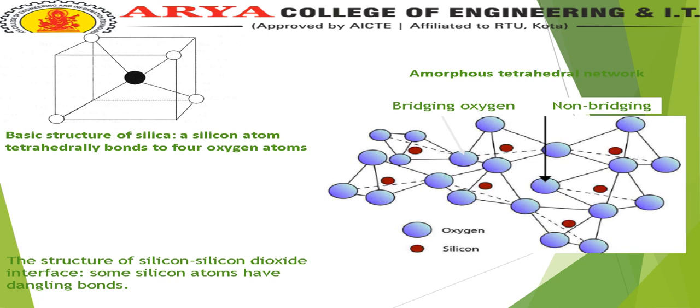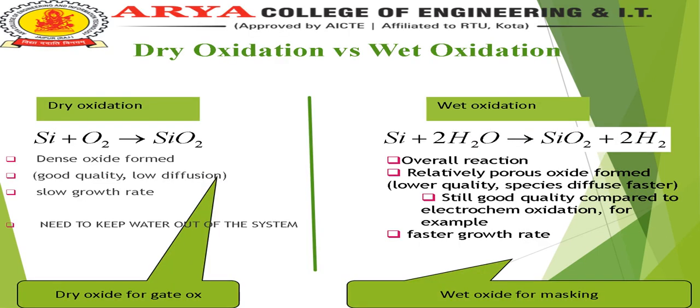In bridging, the oxygen connects two silicon atoms to each other. Non-bridging oxygens are not connected properly in that way. The blue part shows oxygen, and this part is silicon. So in the structure of silicon dioxide, some silicon atoms have a dangling bond.